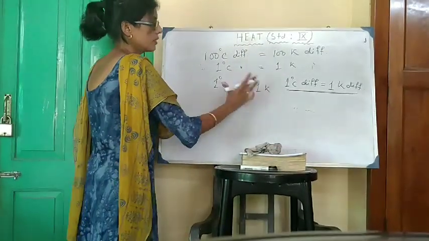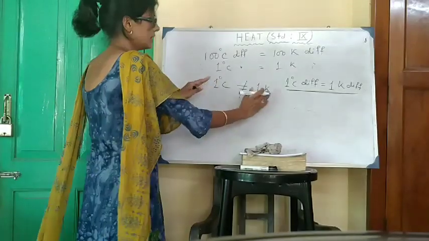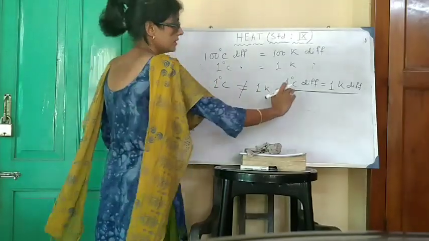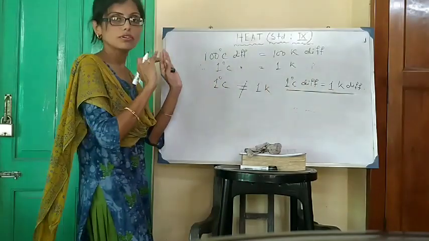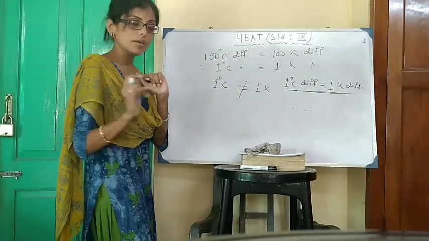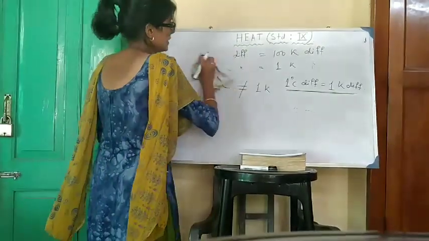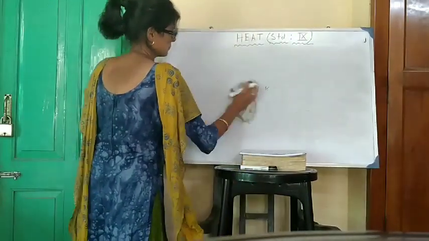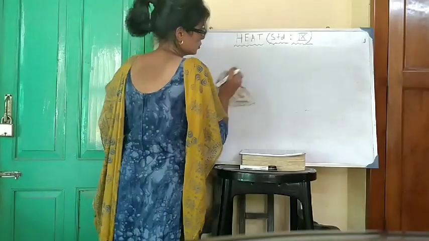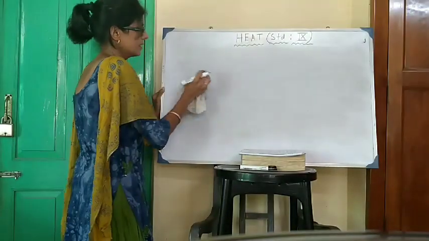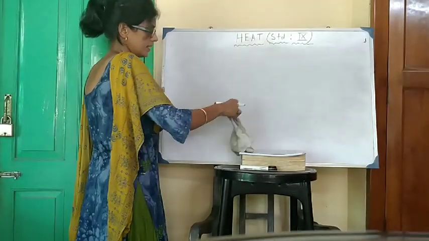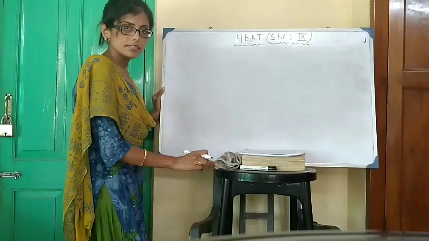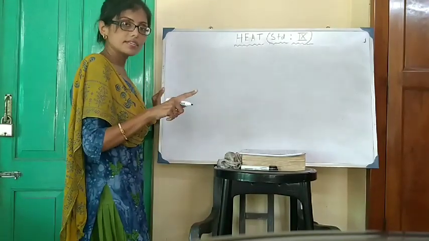Particular temperatures are not same, but the difference in temperatures are same for Celsius and Kelvin scale. Okay? Now, our next topic is this. The units of temperature in Celsius scale, degree C, Fahrenheit scale, degree F, and in Kelvin scale, K.